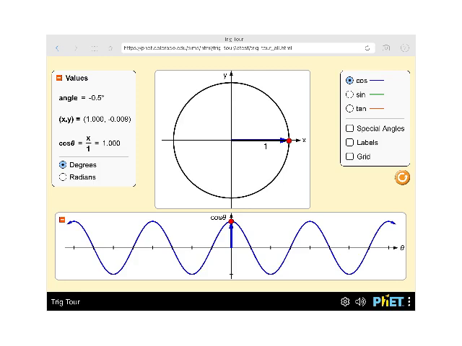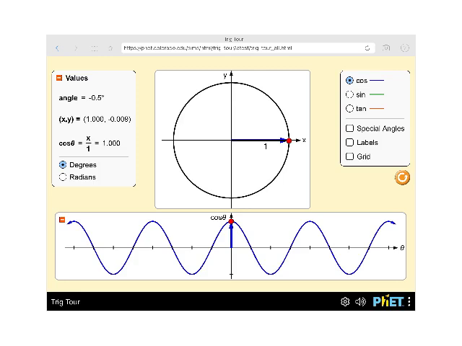Remember, cosine is 0 whenever we have 90 degrees. It is minus 1 at 180 degrees, and then it becomes 0 again at 270. One period is finished when we reach 360, and then the whole thing starts all over again.